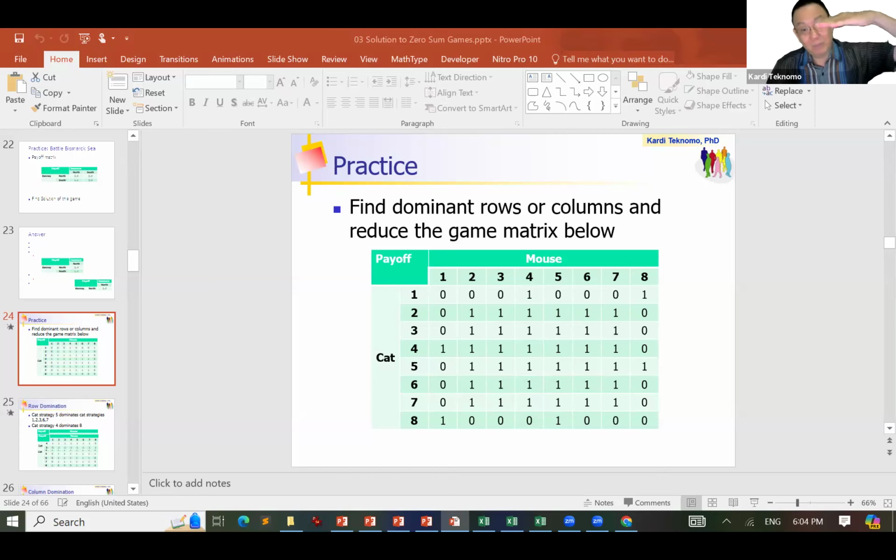Remember, between rows you take the maximum, and between columns you take the minimum to dominate. Between two rows, which one dominates for all columns? And between two columns, which one dominates for all rows? So the keyword is for all.